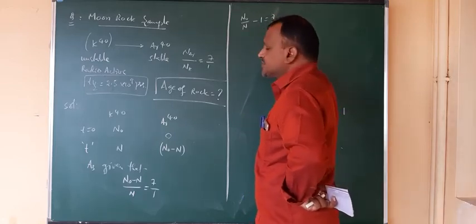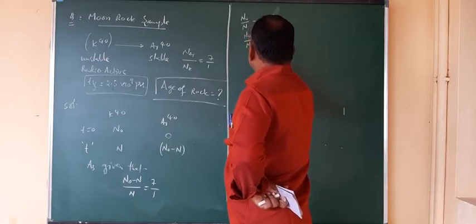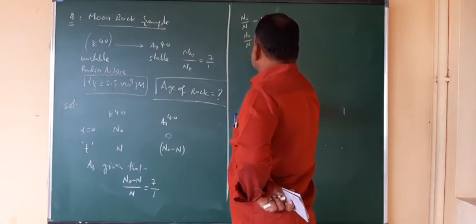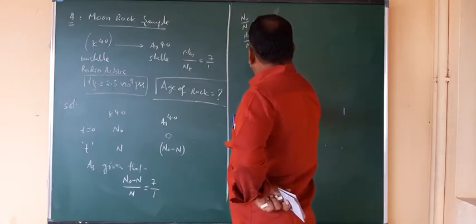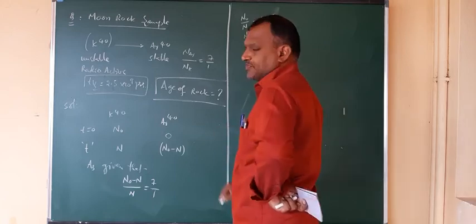Bring this minus 1 to this side. That is, N0 by N is equal to 7 plus 1, so N0 by N is equal to 8.